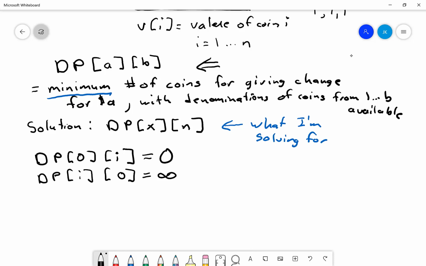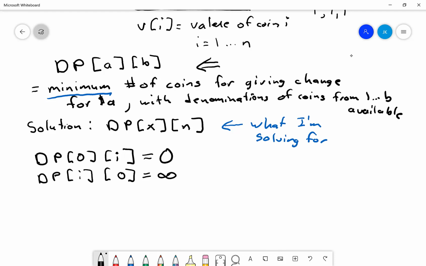There's no way to give change for negative amounts of money. So dp of 0 and I is 0. In other words, I don't need anything to provide money, and dp of I and 0 is infinity. I don't want to ever get to a state where I have no coins available.